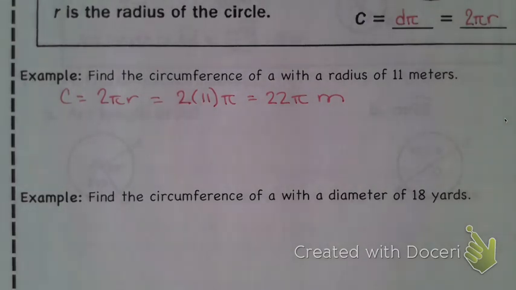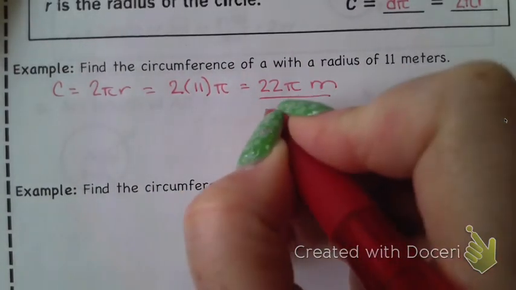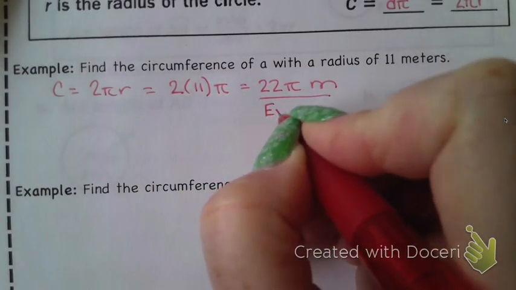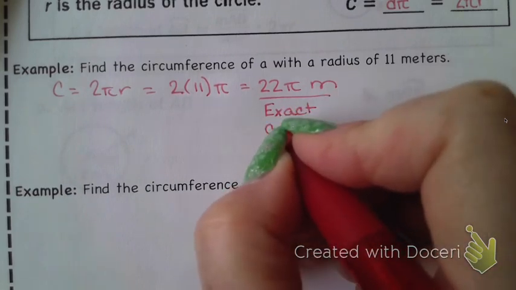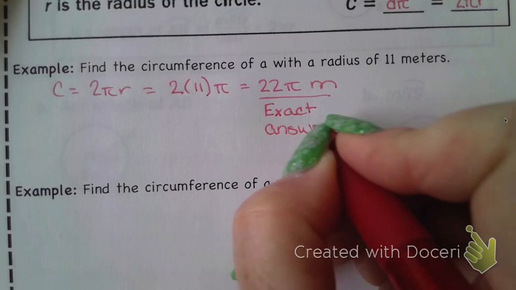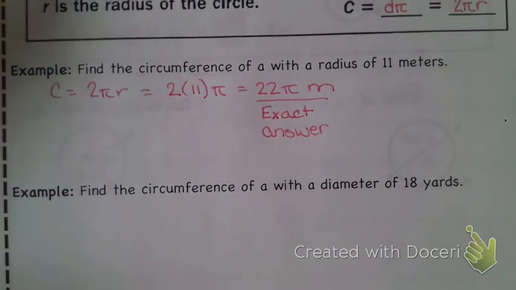There are times it says exact answer. This is an exact answer. Okay, that is an exact answer. It might tell you to round. If it tells you to round, round it.